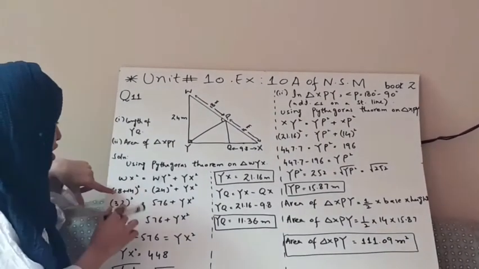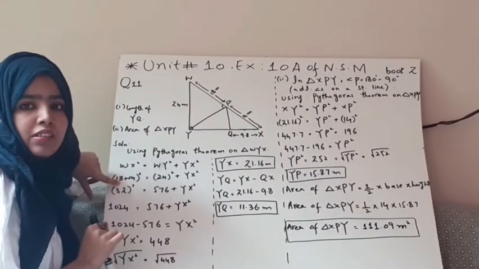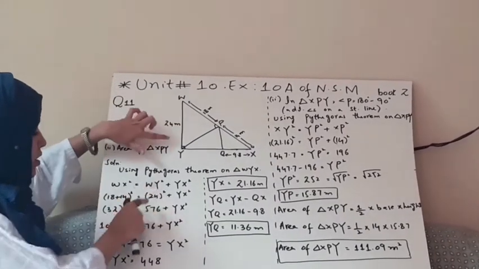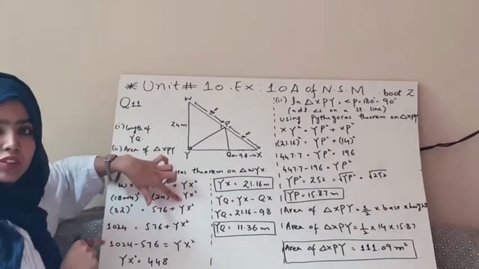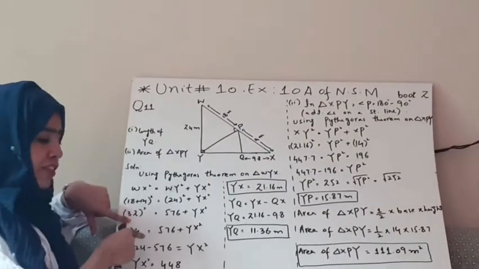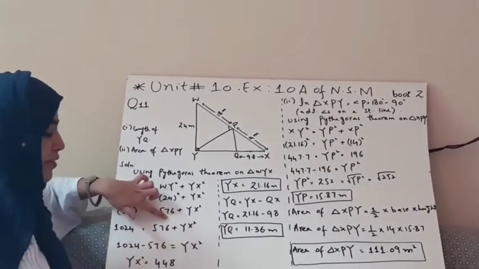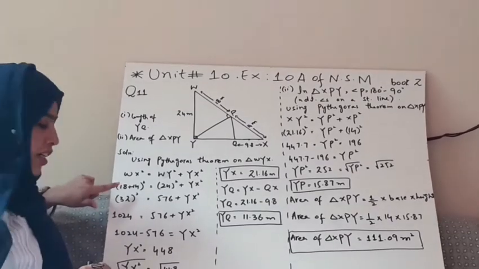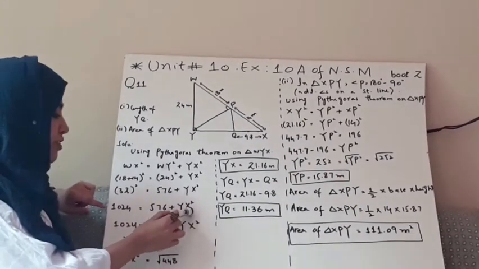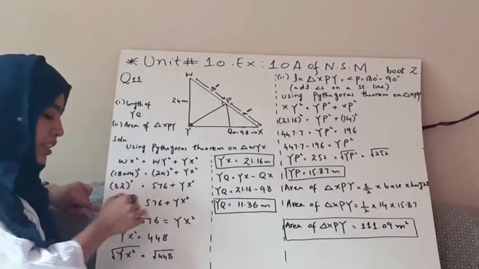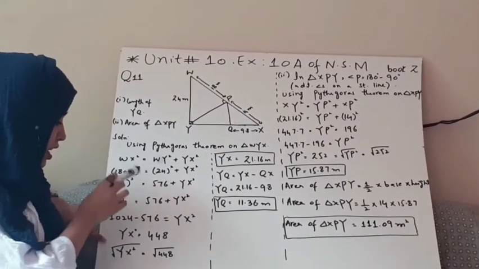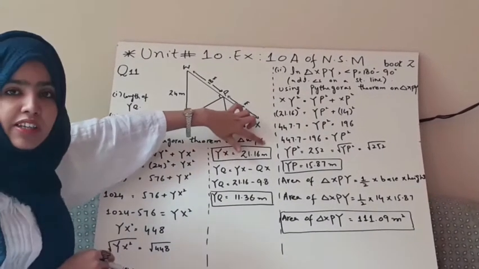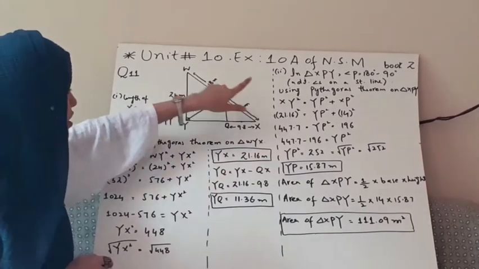WX is 18 plus 14, squared, equals WY, which is 24, squared, plus YX squared. 18 plus 14 is 32, so you just need to simplify. 24 squared is 576 plus YX squared, and 1024 after taking the square of 32. We need to find YX, so we shift 576 here, and after simplifying we remain with YX equals 21.16, and the unit given in the question is meter.